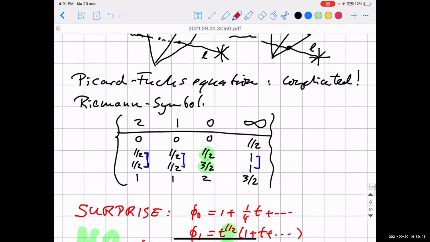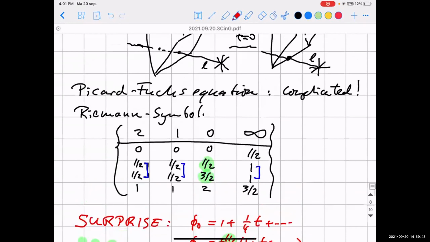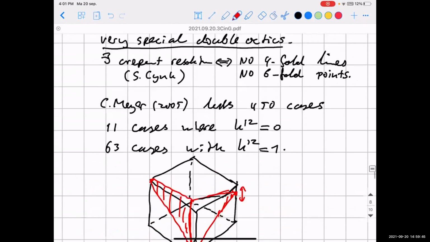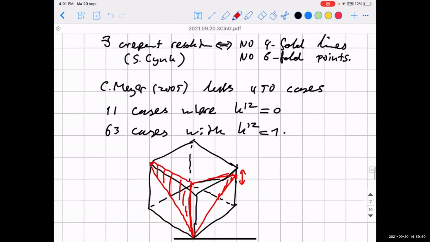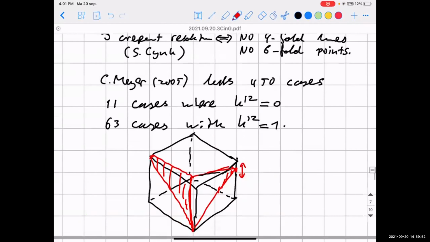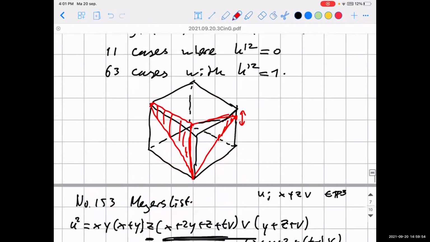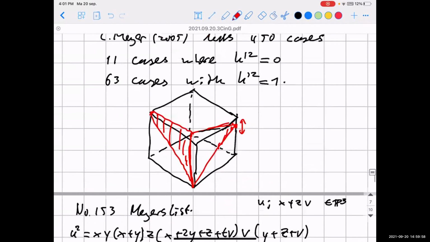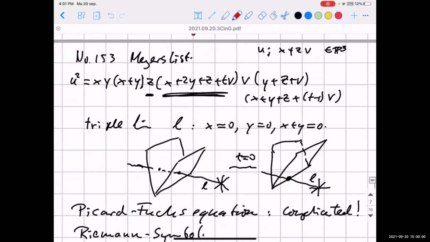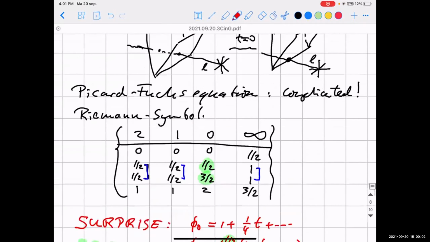But look, remember that there are no 6-fold points and no 4-fold lines. I will have to look at that example. I don't remember. But here in the examples, you find one-parameter families, just lines, P1s, although a priori there's no reason why it should be P1s.